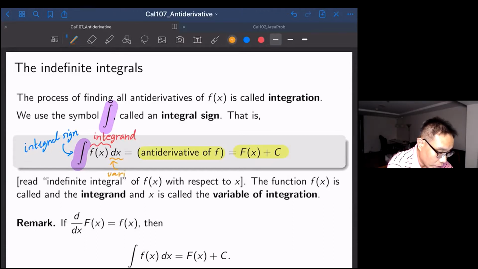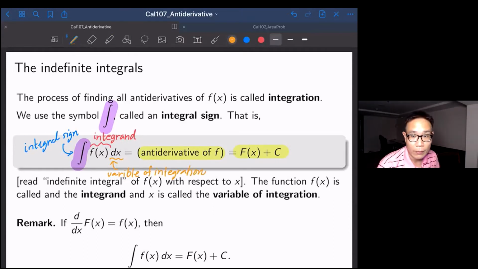It will tell you the variable that you are integrating with respect to. And the action that we are doing is called integrate. So in order to obtain this one, the action is integrate.